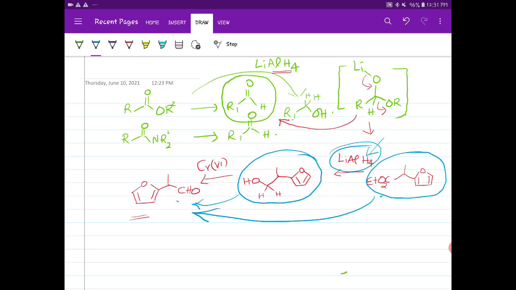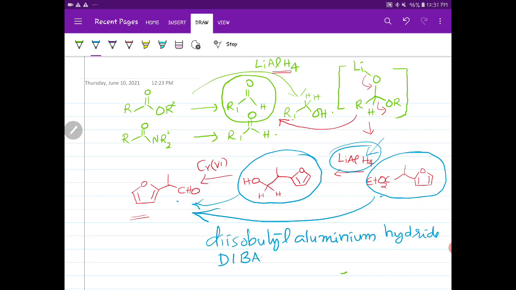There is a reagent like that, which we call diisobutyl aluminum hydride. It is abbreviated as DIBAL, or just DIBAL.